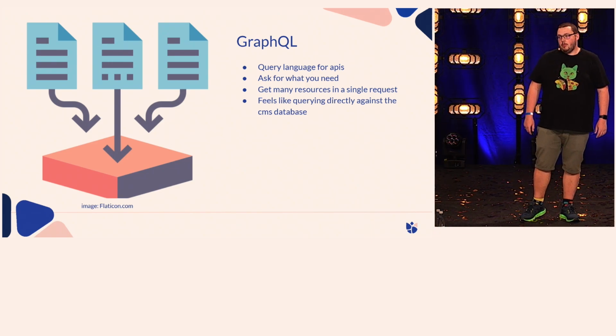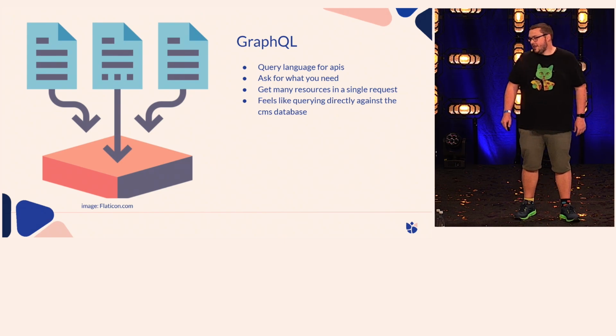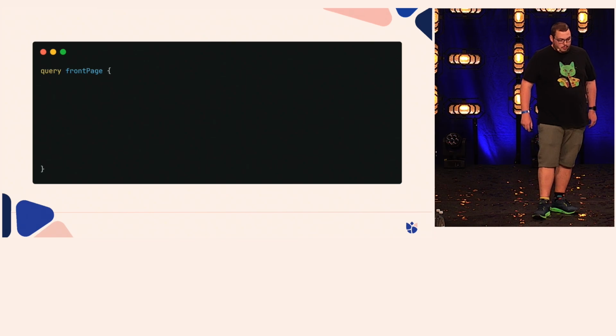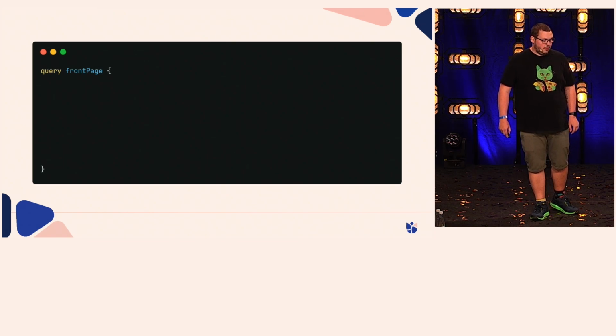Now that we are all experts in GraphQL, let's write our first query together. So let's start out by telling GraphQL that we would like to write a query for our front page.